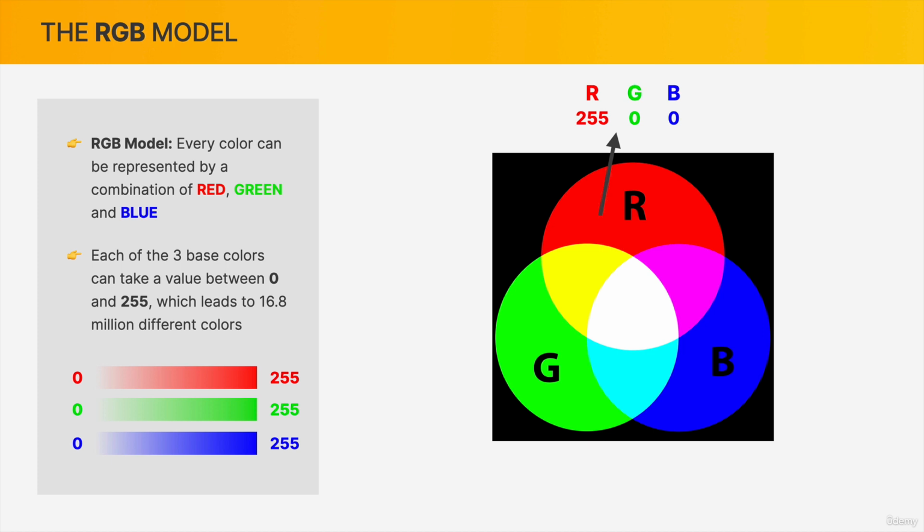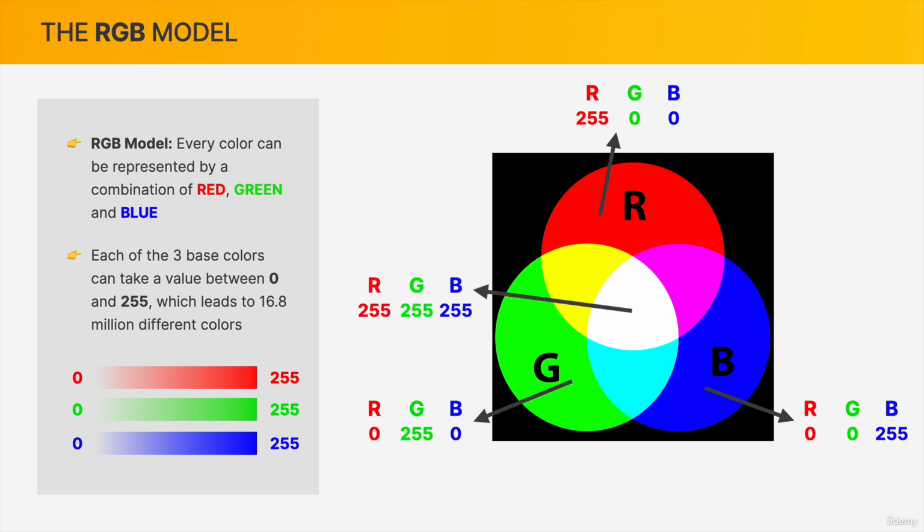And so this is why this is pure red. So again, the red channel is at the maximum value and all the other ones are at 0. And the same, of course, for blue and for green. So in blue, the blue channel is at the maximum of 255 and the other ones at 0. And in green, basically the same happens for green.